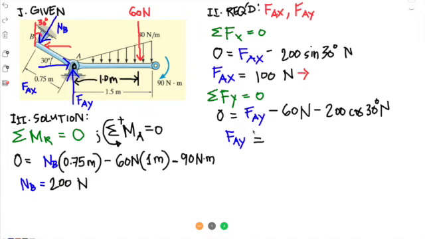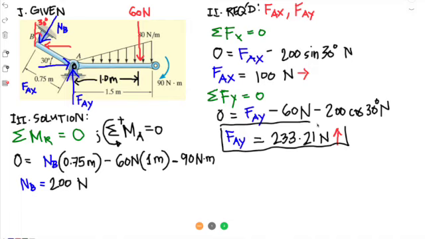So we got approximately 233.21 newtons, and it is going up. It's positive, so it means our assumption is correct. So these are our answers. We will compile them in section number 4 again, but for now I will just encircle it.